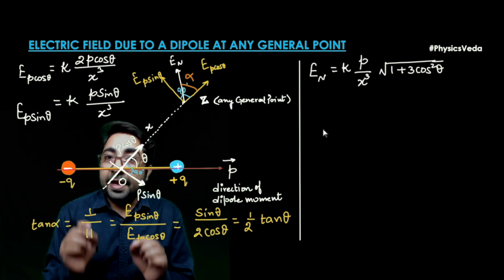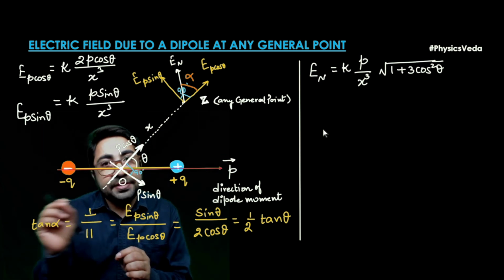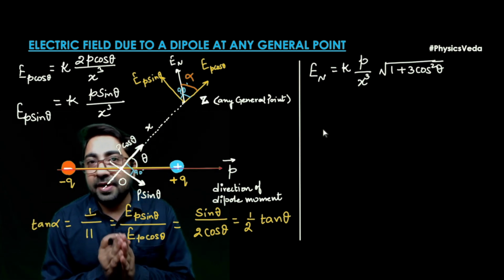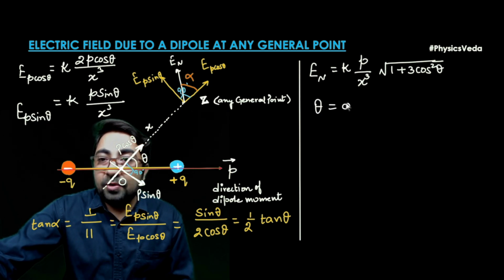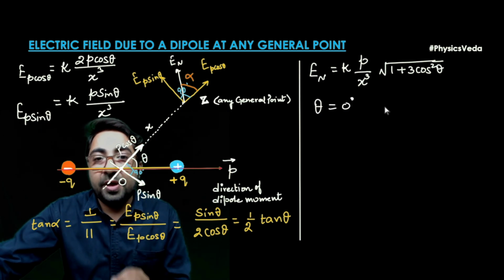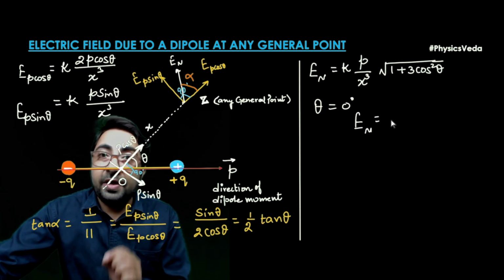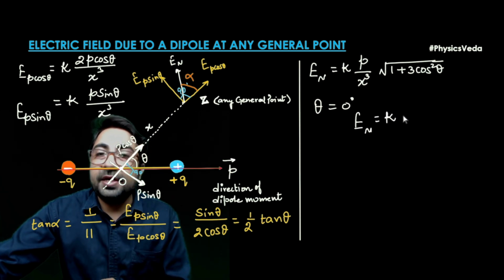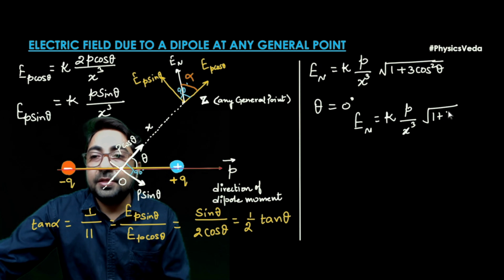If we change the angles and take the range of angles at the axial point and equatorial point, then if theta is 0 degrees, the point lies on the axial line. So the electric field will reduce to K P upon x cube square root of 1 plus 3.